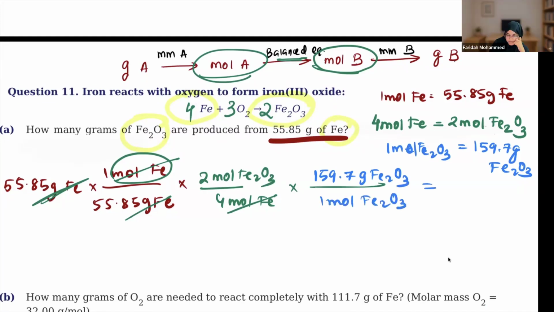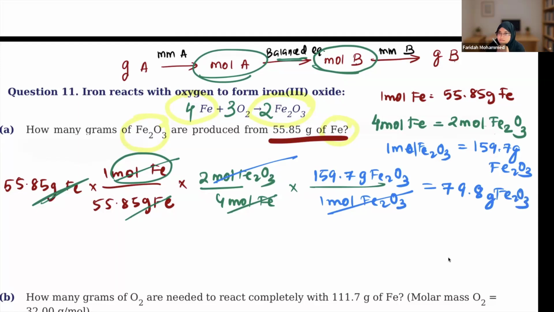The moles of Fe2O3 cancel out, and that's it. And you guys can just do the math, right? And you get 79.8 grams of Fe2O3.